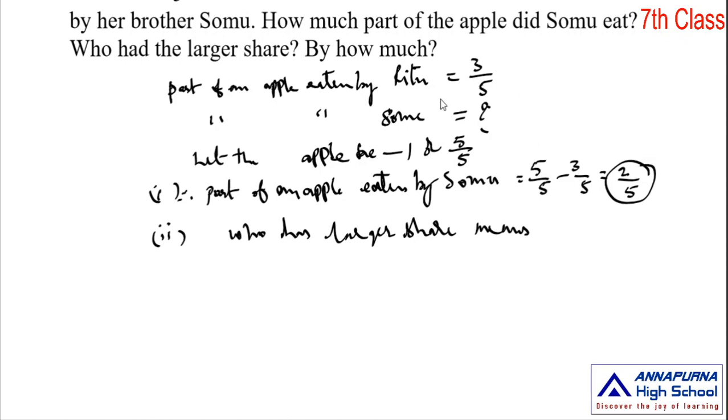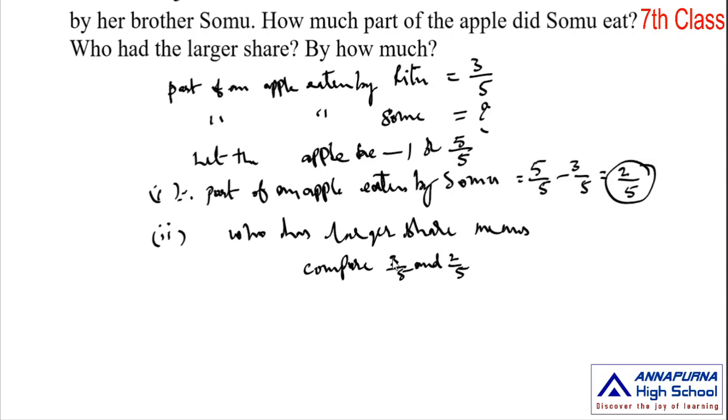Eaten by Ritu is 3 by 5, eaten by Somu is 2 by 5. You compare these two. Compare means compare the numerators here, the denominators are same. In given fractions, if the denominators are same, you compare the numerators.